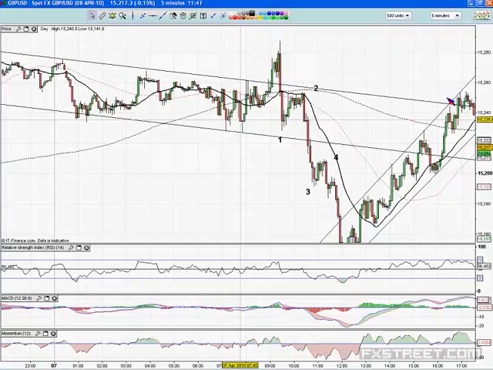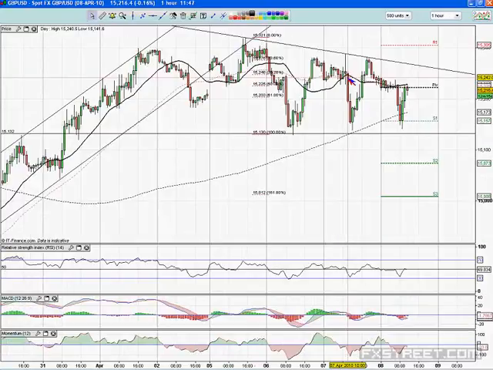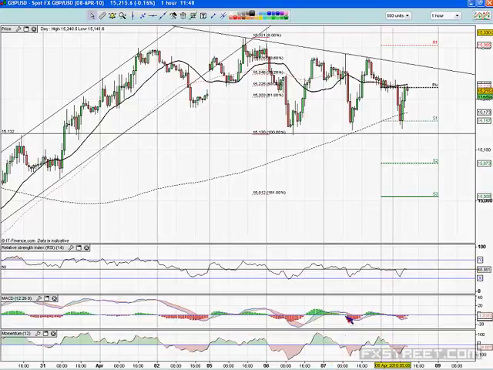I then go back to my 1 hour chart. I then see this large doji forming. It then breaks below the RSI, momentum's down. I get my MACD cross.